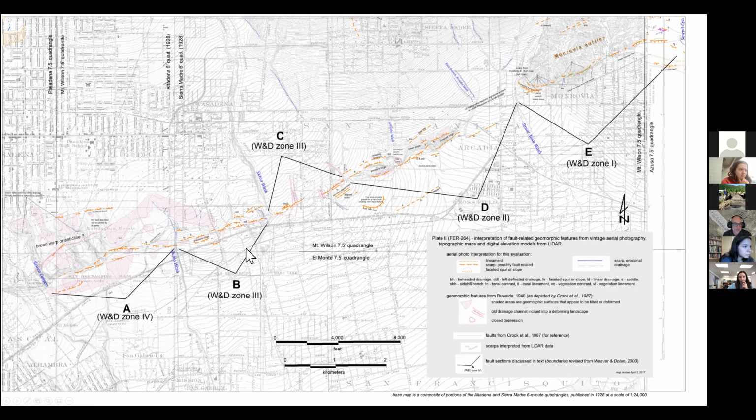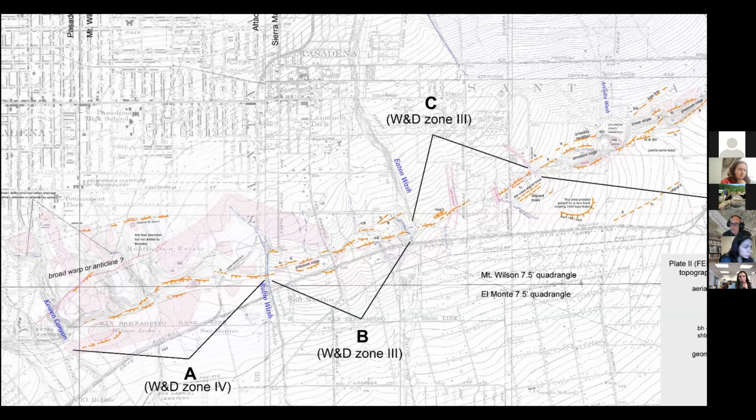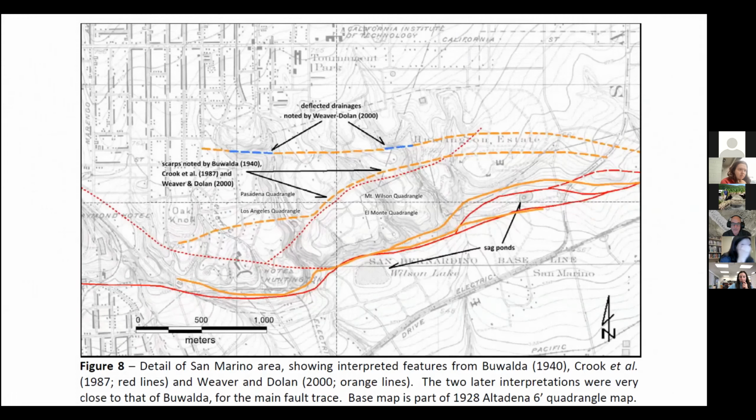Then this is a little bit of a zoom, just to show a bit of that nice detail. Then we go a little further, to their interpretation. From this mapping comes the fault interpretation.